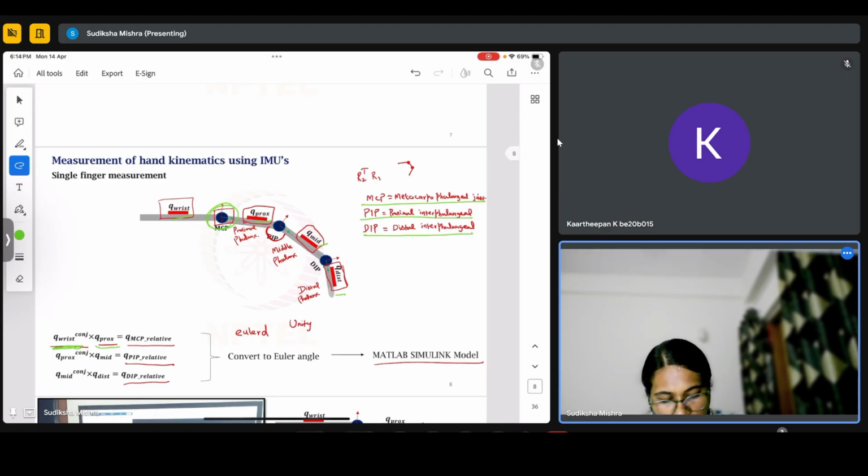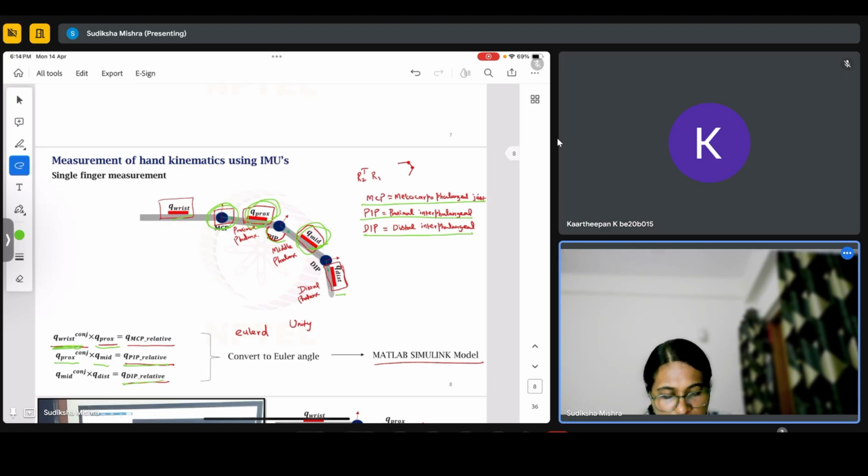Similarly, you can compute the relative angle at the PIP by multiplying the conjugate of q proximal with q mid. Essentially, the conjugate of this multiplied with this.